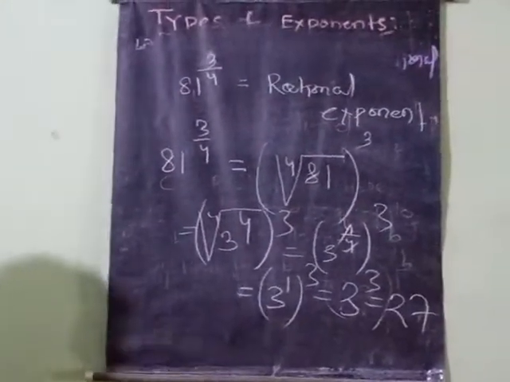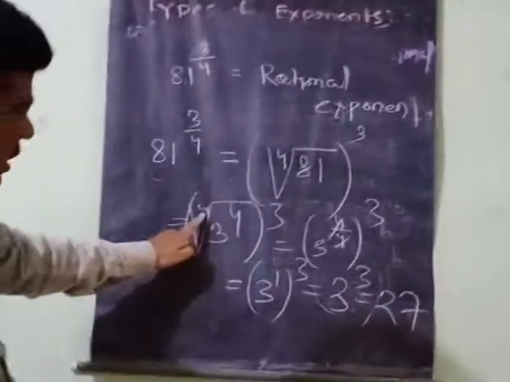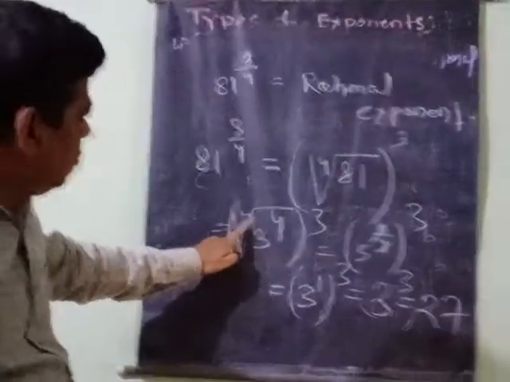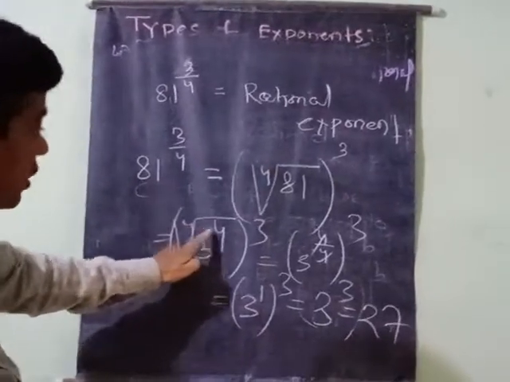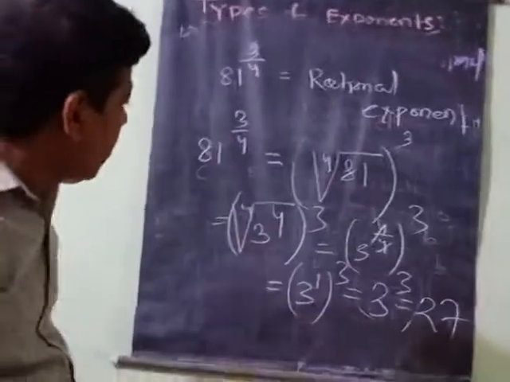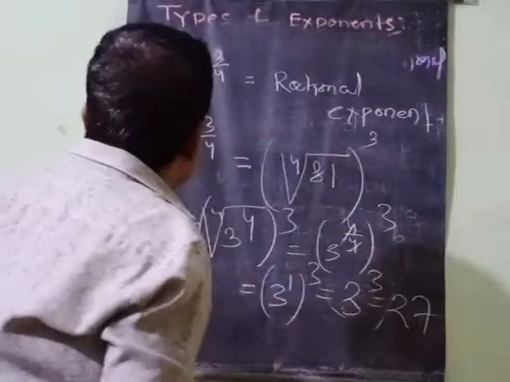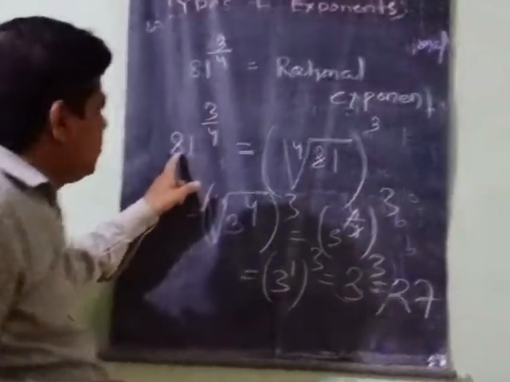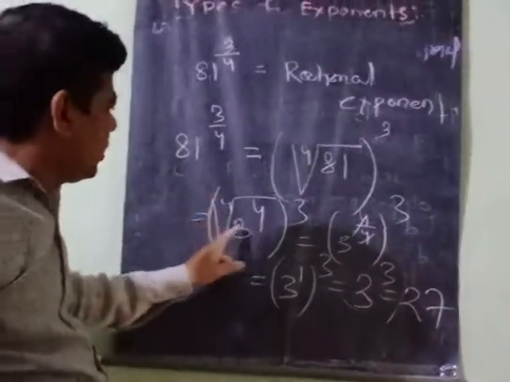27. And this is called the root. What is the root of this exponent? The root of the exponent is 4. What is the power? The power is 3, because 81 has been converted into 3 to the power 4.